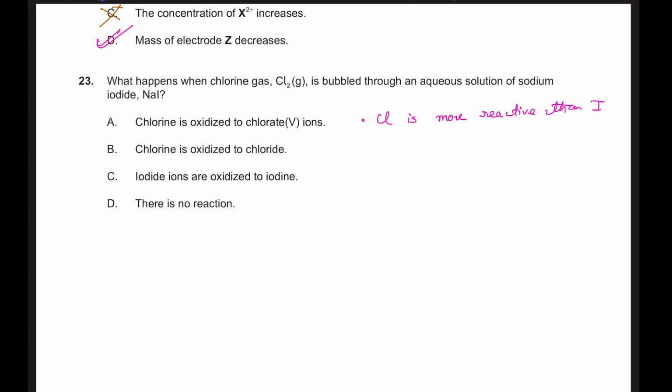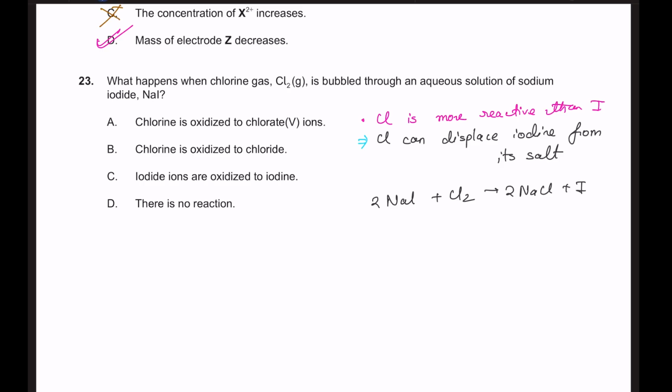So Cl can displace iodine from its salt. So NaI plus Cl2 should give you 2 NaCl plus I2.